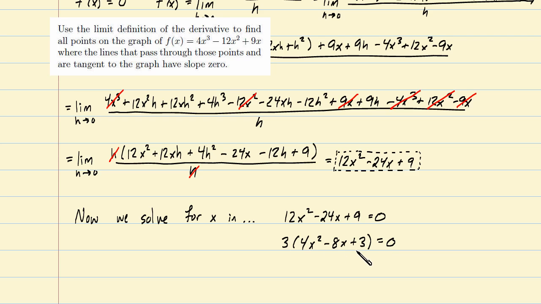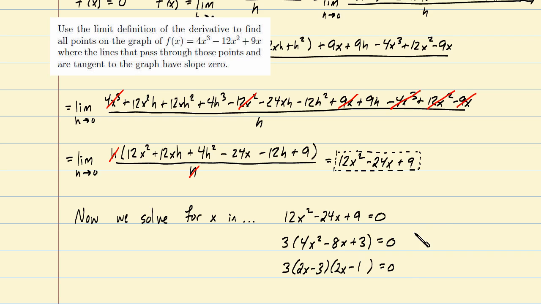And then this in turn hopefully will factor, and I believe it does, into two binomials. Let's see, to make 4x squared we might use a 2x and a 2x. To get a 3 we'll probably need a 3 and a 1. And to make these signs work out and this middle term work out, as we have 6x there as our inner product and 2x as our outer product, let's make them both negative. And that will give us a negative 8x there.